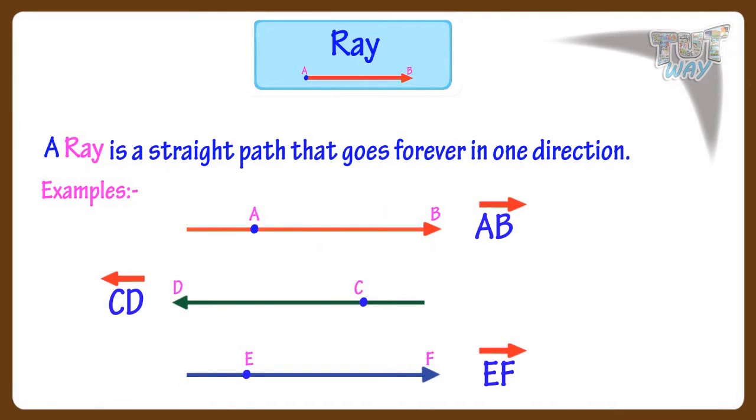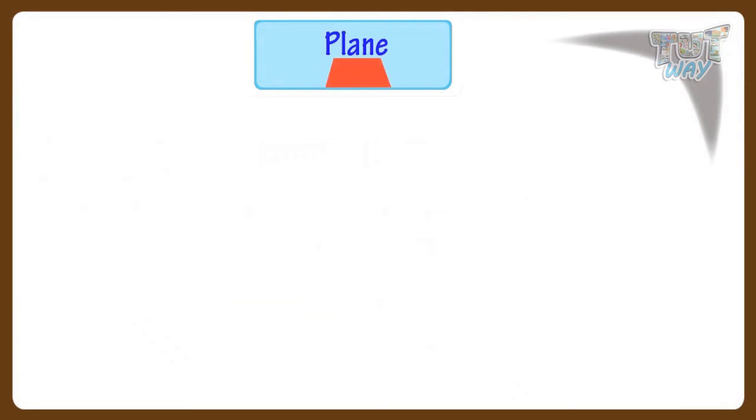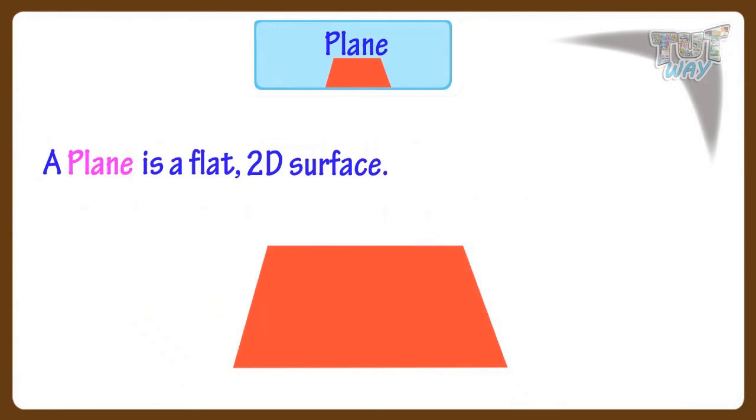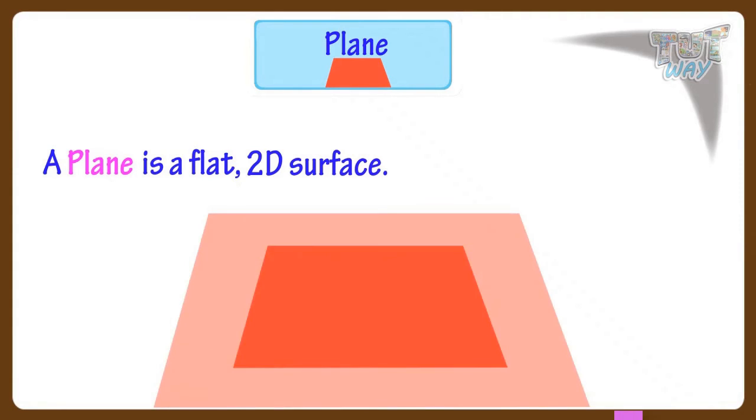Now, let's learn what is a plane. A plane is a flat 2D surface. A plane is a surface that has only 2 dimensions, length and breadth. And a plane goes on forever in all directions.